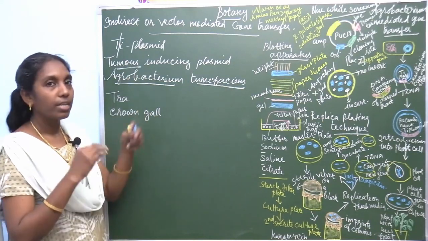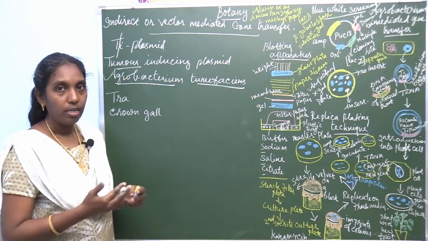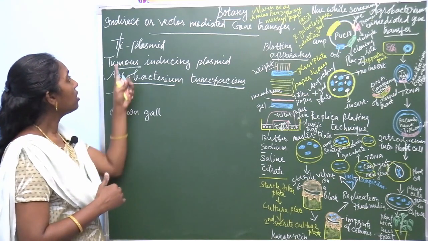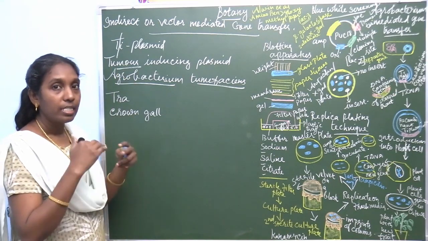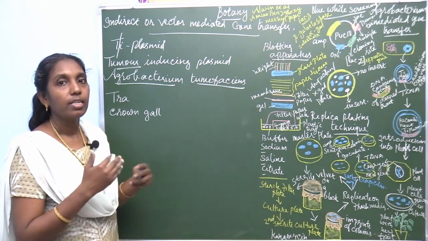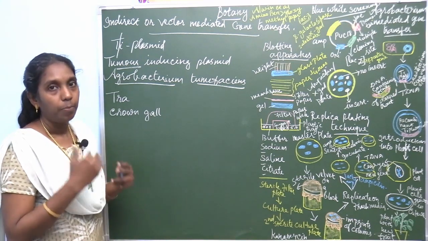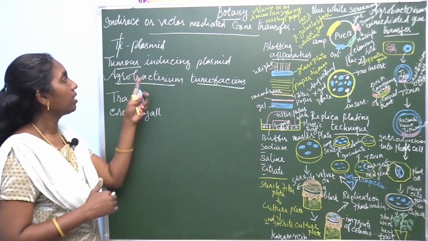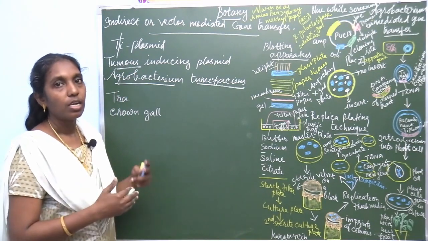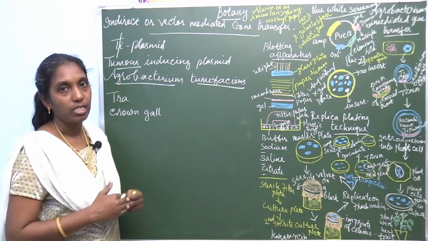So it is an infective, unwanted plasmid. It can be isolated. Naturally it infects the plant cell, and through the wounded site it enters inside the plant. So this plasmid is widely and extensively used in plant gene transfer.